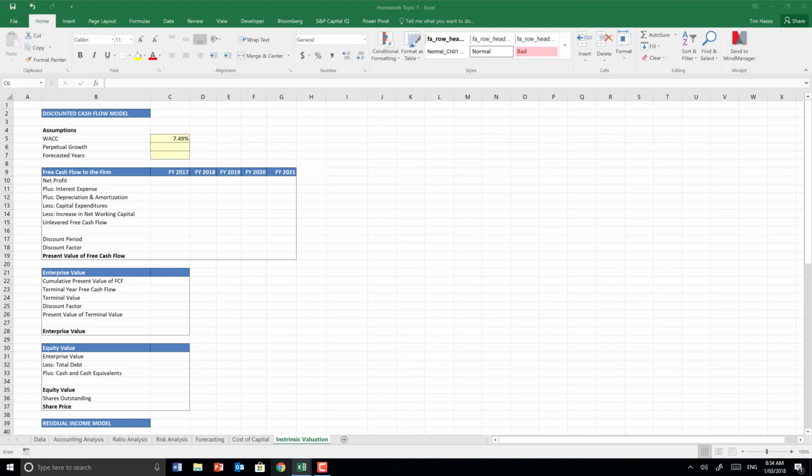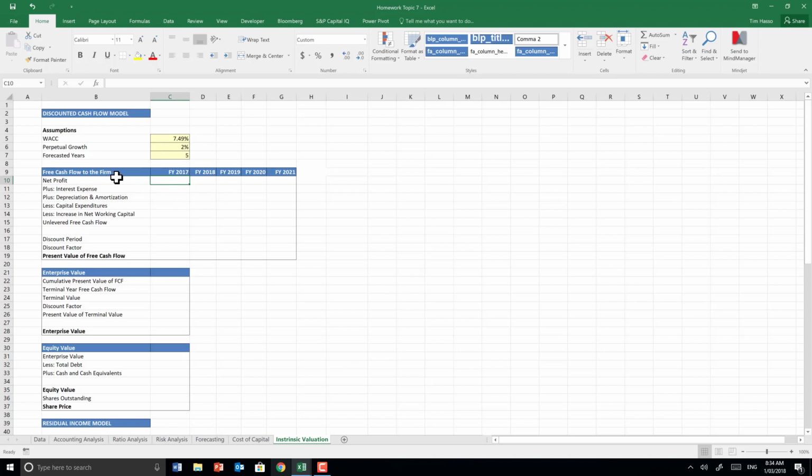You can generally assume perpetual growth is going to be somewhere around CPI, so basically around inflation, and not much more. In my case, I might look up what the official rate is for my country, but in this case, I'm just going to assume 2% for now. The forecasted years is how many years we are forecasting, and that is exactly 5 years. I'm just going to type that in, and we now have all the assumptions that we need.